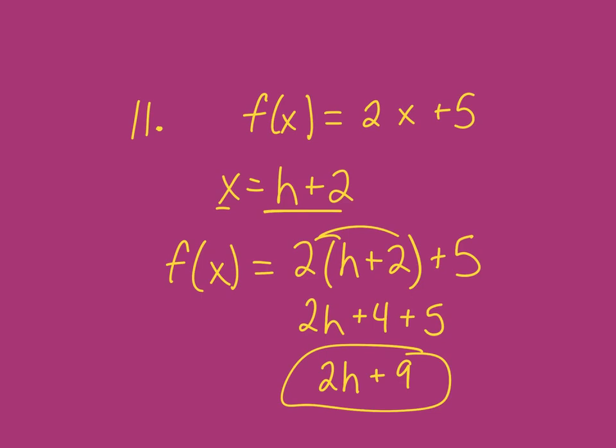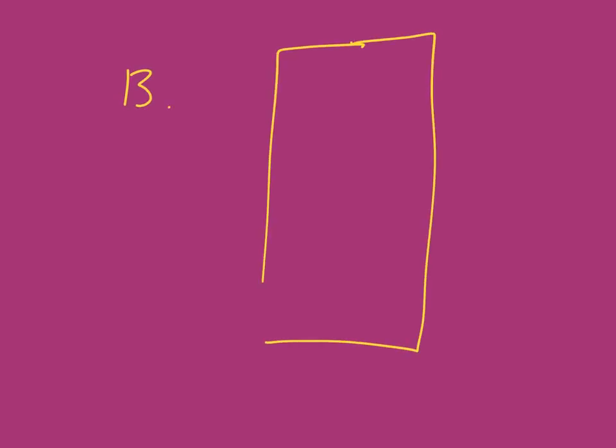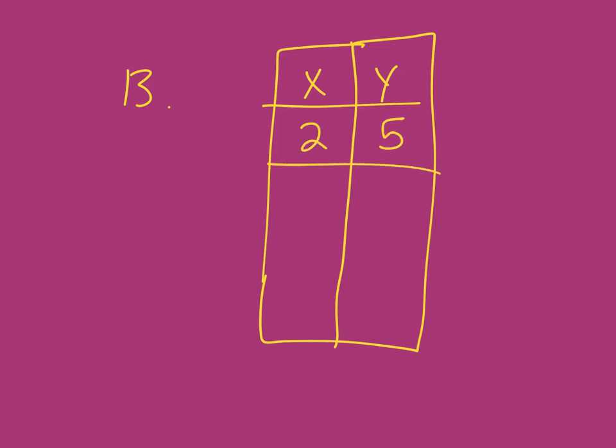Okay? And then 13 and 14 are the ones where you have to find the patterns. So go ahead and just put those in a table. I'll do 13 for you, but I'll go ahead and set up your table. If you make an XY table, your first 3 points are 2, 5, 4, 7, 9, 12.